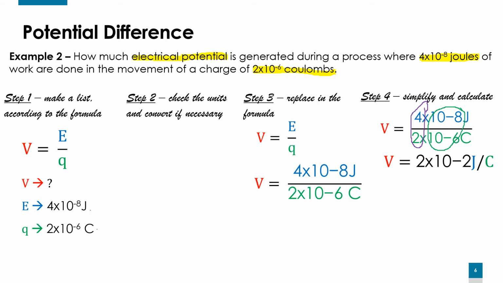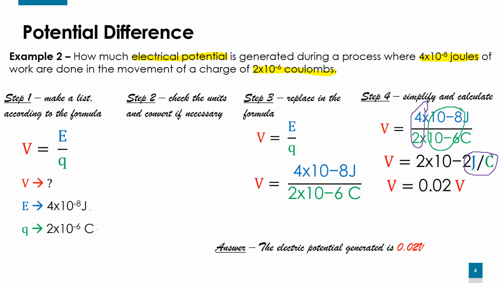And this joules per coulomb is what? How can I replace joule per coulomb? By volt. So it's going to be 2 times 10 to the power of minus 2, which is the same as 0.02 volt. So elaborate the answer. How much electrical potential is generated? So the electrical potential generated is 0.02 volts. Okay? Next one.